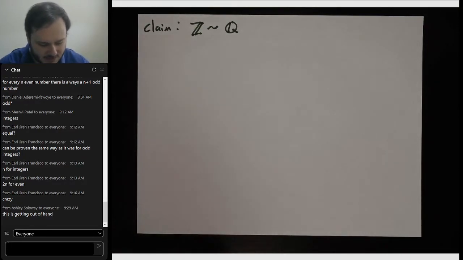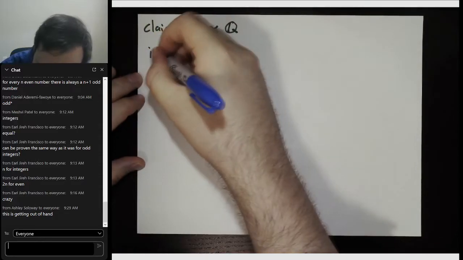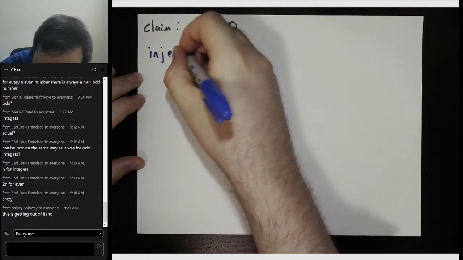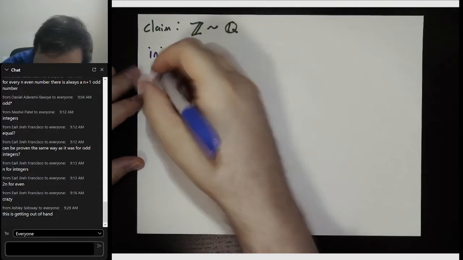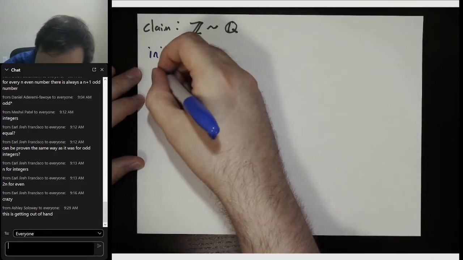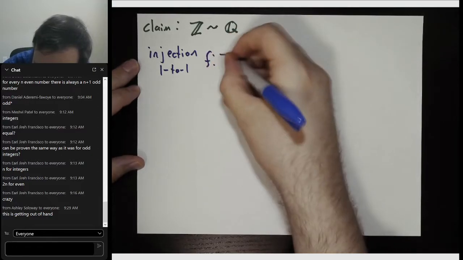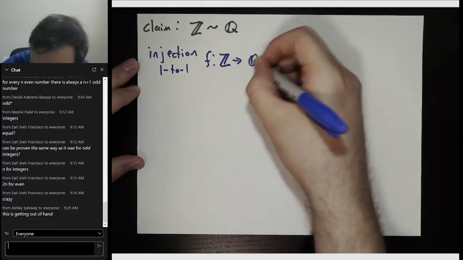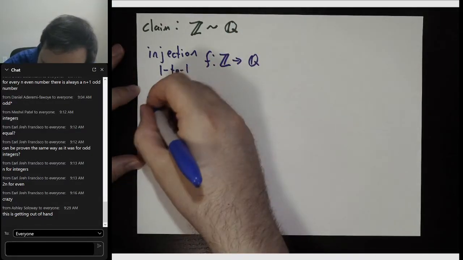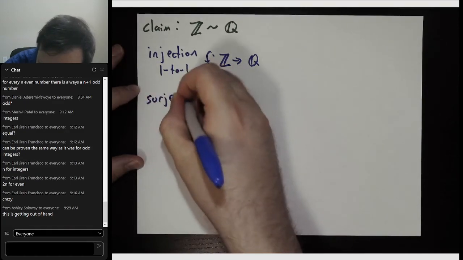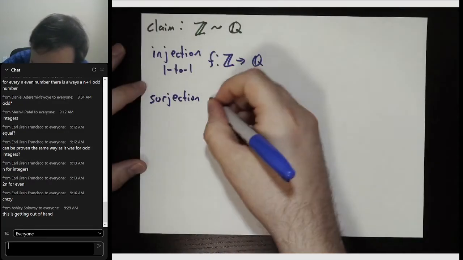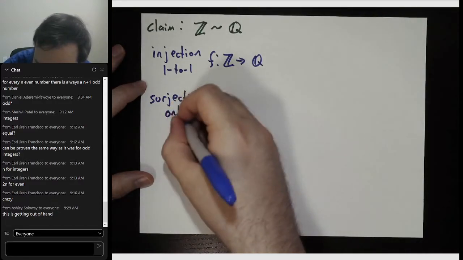All right. Who wants to be the hero? One of these is really easy. I need an injection and a surjection. So this is the one-to-one. This is f from this into this. And then I also need a surjection, g. This is onto.